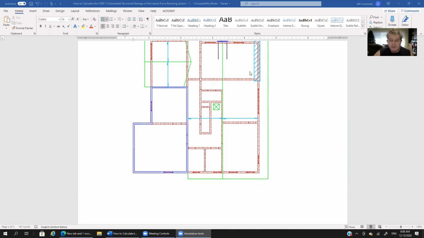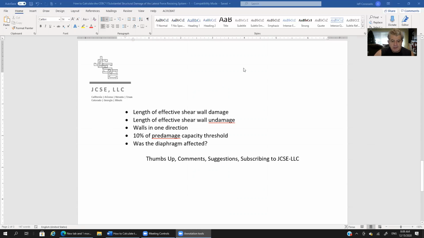If what was compromised are horizontal assemblies of the vertical lateral load resisting system, the code doesn't cover those, so there's no guidance on how you repair them. It's basically up to the engineer to decide whether you just replace in kind or upgrade it so that it complies with the current building code. But where the code is not silent is on the vertical elements that are part of the vertical lateral load resisting system. And with that, I think we're done.